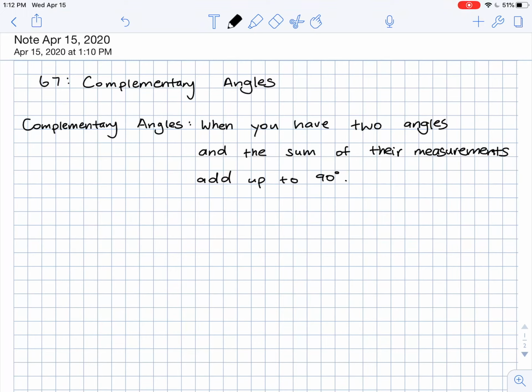Okay. So, couple key things here. We have two angles and their sum adds up to 90 degrees.